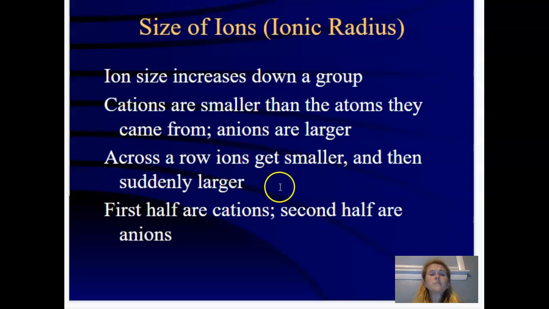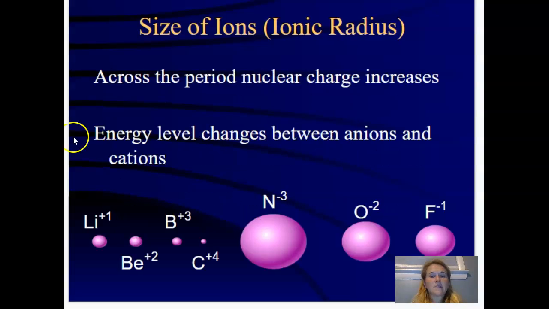Across a row, ions do get smaller, and then there's suddenly an increase, and that's because the first half of a row is cations and the second half of the row are the anions. Let's take a look at a picture of this. Across the period, nuclear charge increases no matter what.